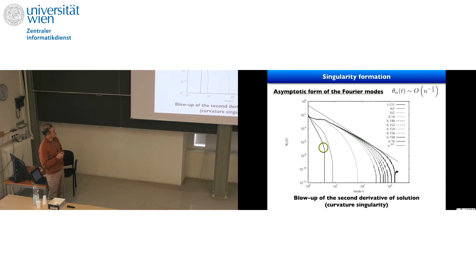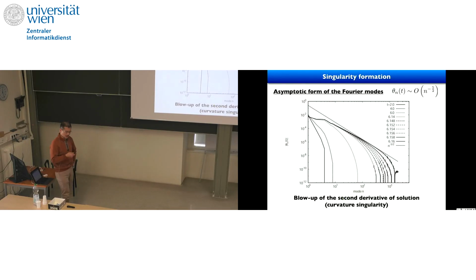As you can see, as time approaches this time, the spectra tend to n to the minus 5/2. This means the solution of this Vortex seed has a second derivative that becomes infinite, which is known as a curvature singularity.